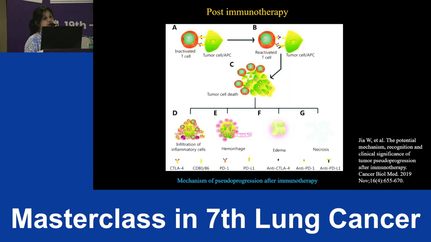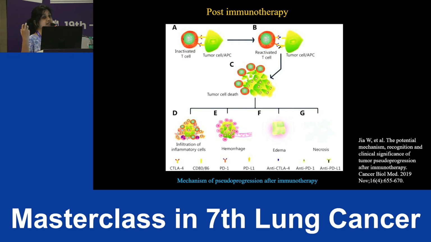Now coming to immunotherapy. So after immunotherapy, what you can see is the much talked about pseudo-progression. Now what exactly is the pseudo-progression? So the tumor cells, they inactivate the T cells. And after addition of immune checkpoint inhibitors, the inactivated T cells get reactivated, and then in order to cause tumor cell death, they recruit more and more inflammatory cells, which leads to increase in hemorrhage, increase in edema, and increase in necrosis.